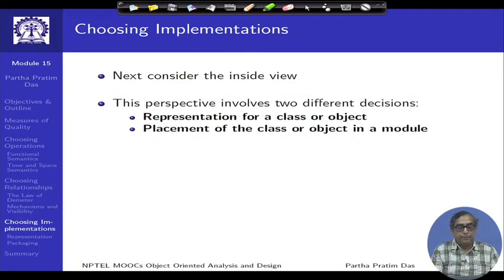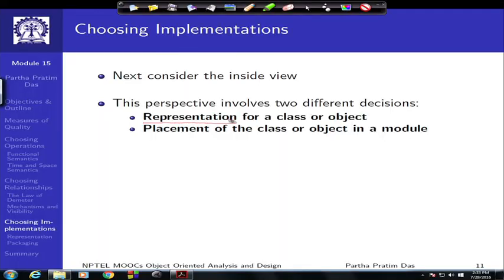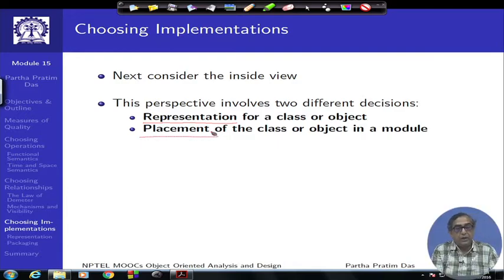So, these are the different choices in terms of mechanism and visibility that you will need to apply to decide on the relationship. The third aspect in terms of the quality of design depends on the implementation, which often means a lot of skill, and a lot of understanding of your vehicle of implementation, that is the OOP language as well as the platform. Two factors need to be looked at critically and regularly: the representation that you are using for the class, and the packaging or placement of the class.